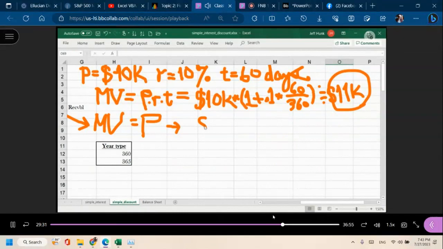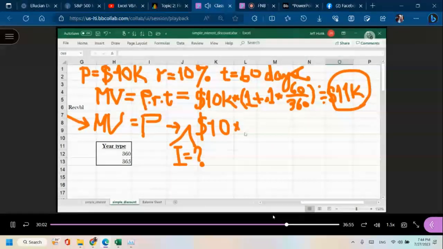So how much interest are they taking? I'm just calling it interest for now, but it's really called the bank discount.